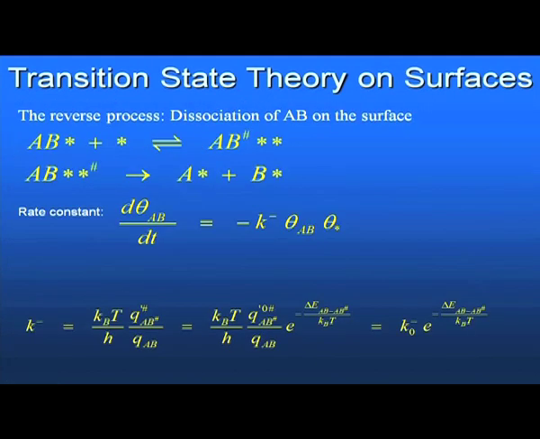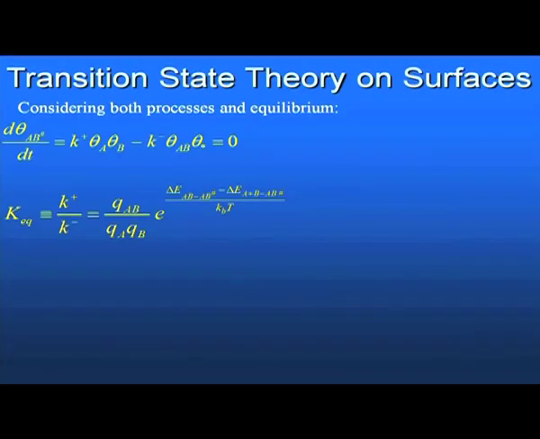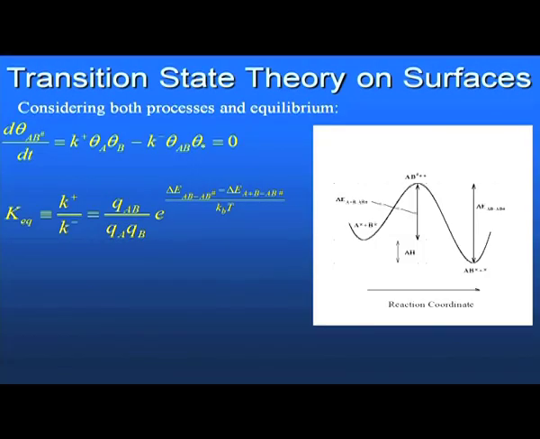And we have got some expression for the rate constant for the dissociation of AB on the surface as well, because the forward reaction was the formation of AB. The back reaction will be dissociation of AB into A and B. And we have applied the concept of equilibrium, because at equilibrium, forward and backward reaction rates are identical.